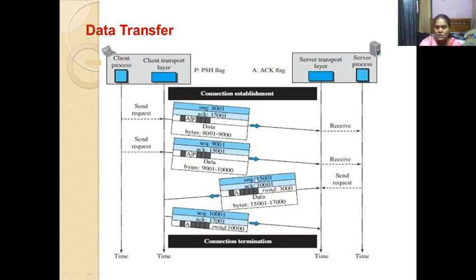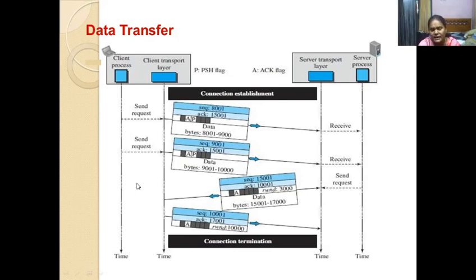The sequence number always points to the first byte which the application sends. So this segment starts with the byte number 15,001, so your sequence number is going to be 15,001. This will be acknowledged by the client, and this is how the data transfer goes in TCP.